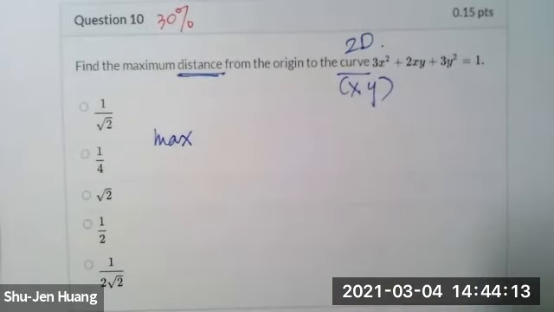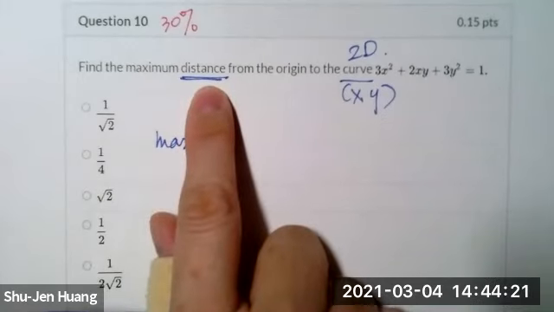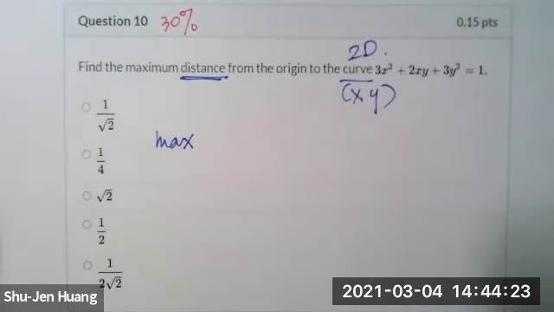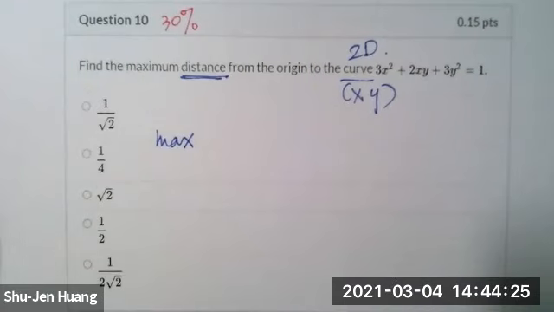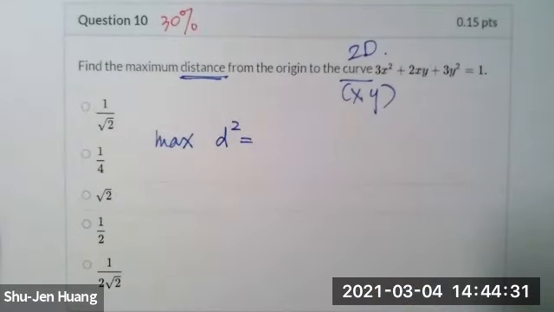But usually when we do the optimization for the distance, we don't use the distance formula directly because the distance formula involves the square root. So instead of maximizing the distance, we want to maximize the distance squared.